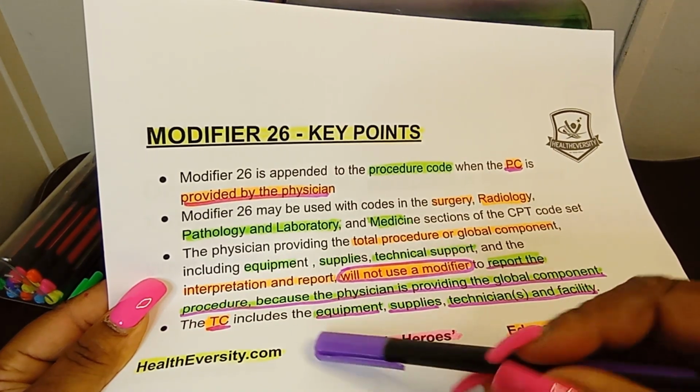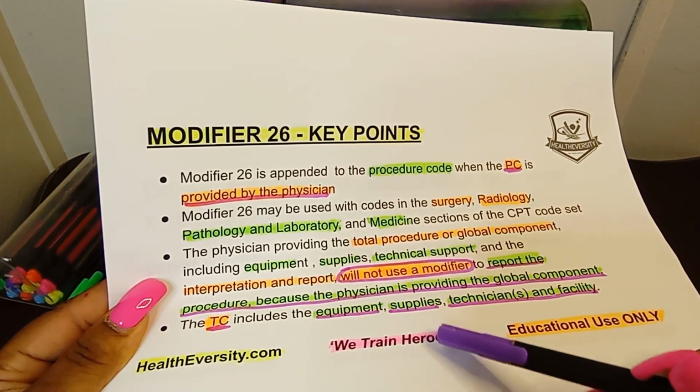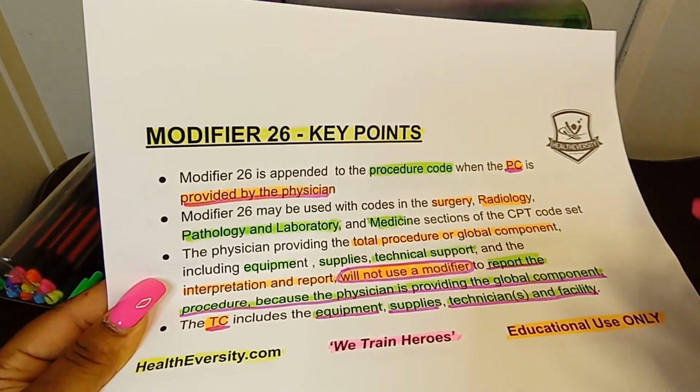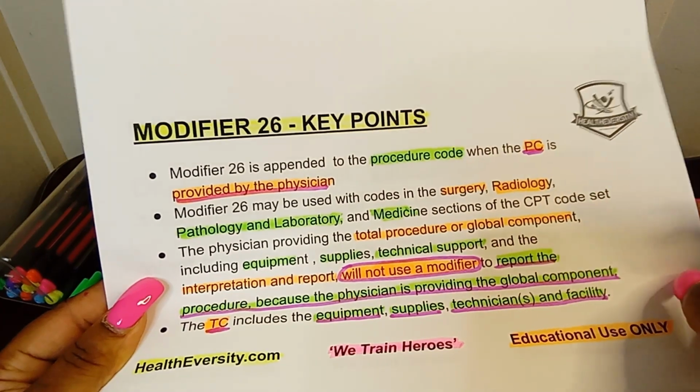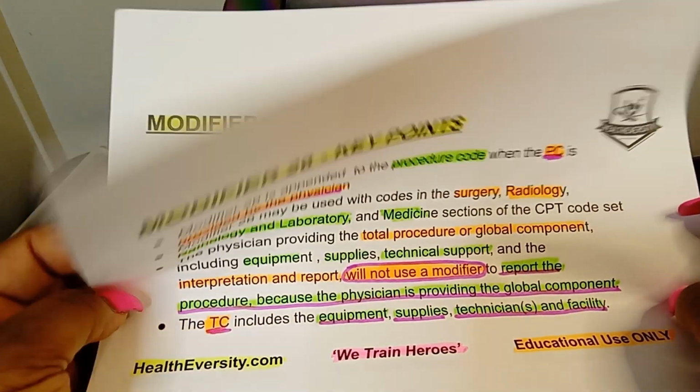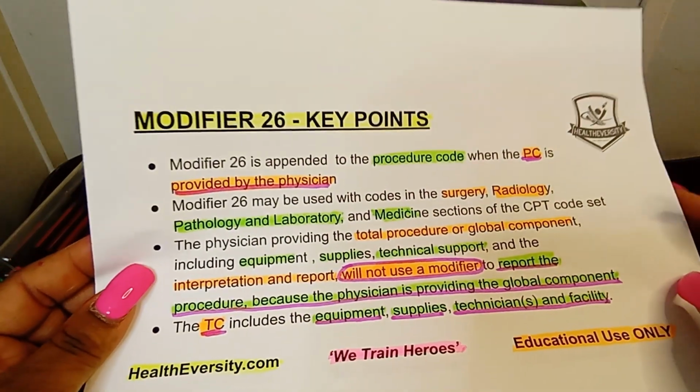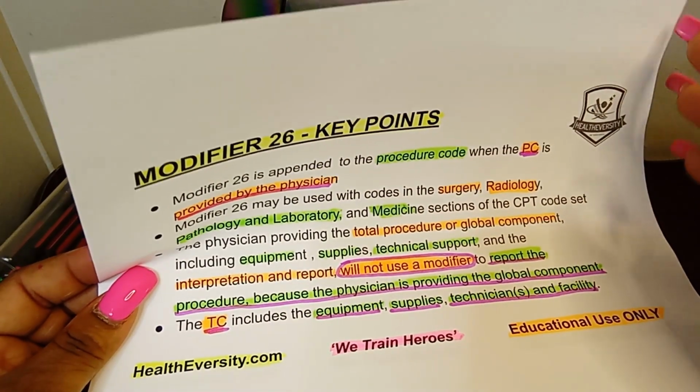The TC includes the equipment, supplies, technician, and facility. So you always have to pay attention to when we're using modifier 26. Very easy.